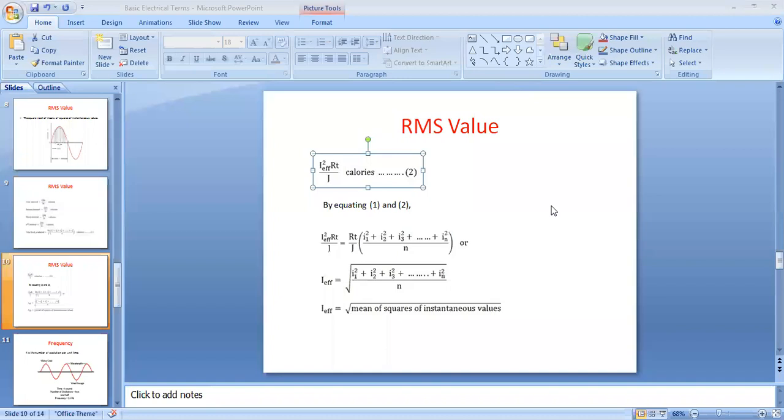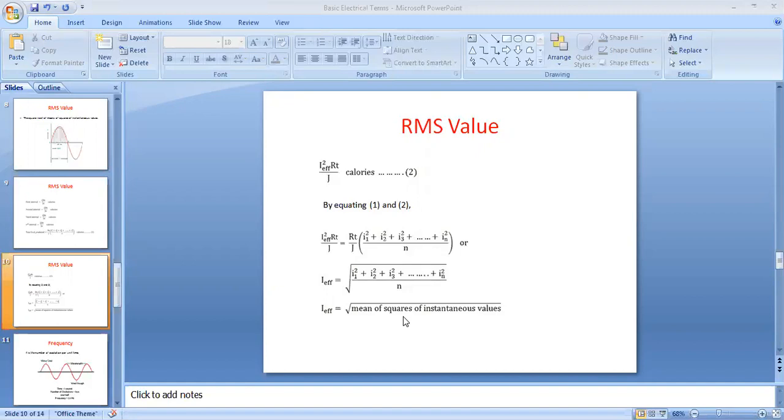Now if we equate equation 1 and equation 2, we get I effective square RT upon J equals RT upon J in bracket I1 square to In square upon n. So at the end, we get I effective equals the square root of mean of squares of instantaneous values.